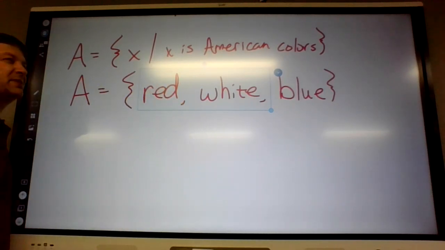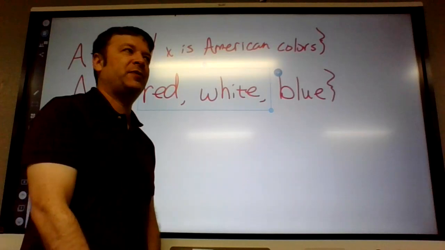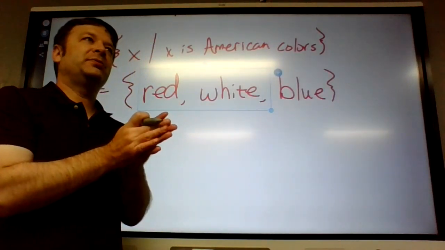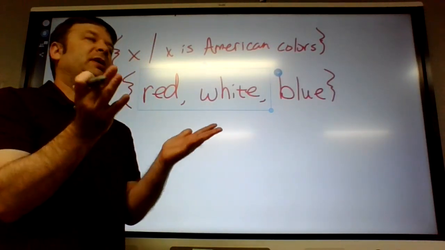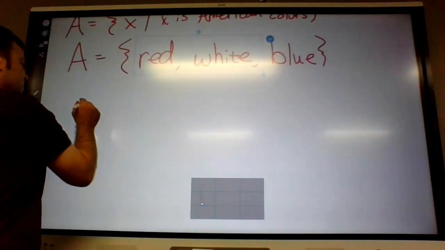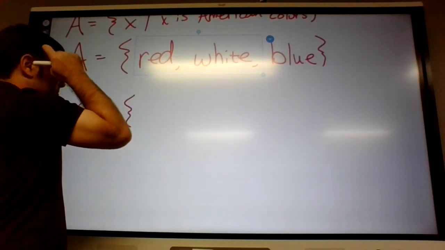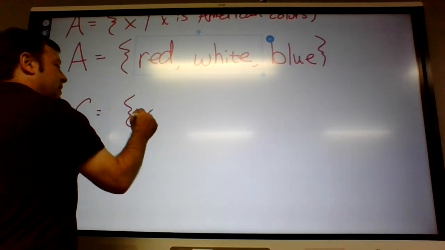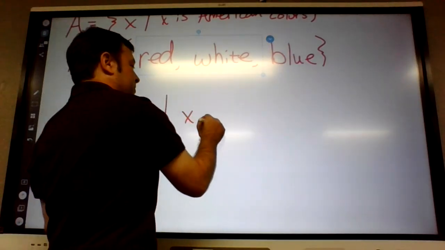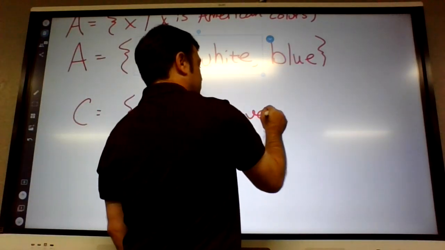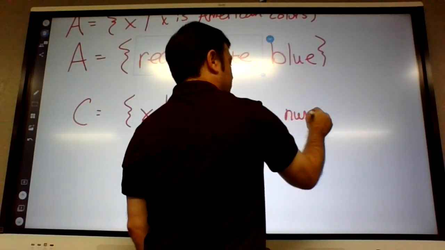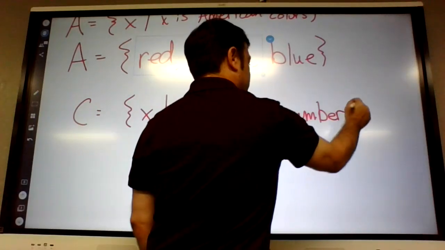Sometimes you can't make a list because what if your set includes, let's say set C is, well, I guess you could kind of make a list. X, where X is even numbers. Now, can we make a list of all the even numbers?